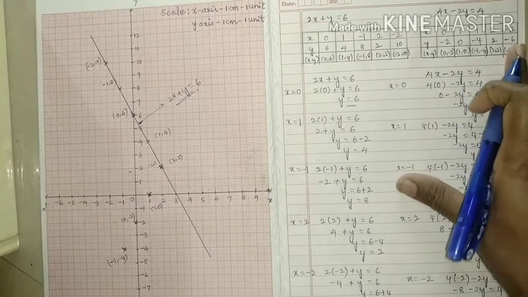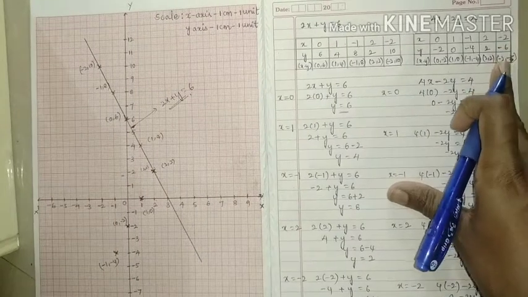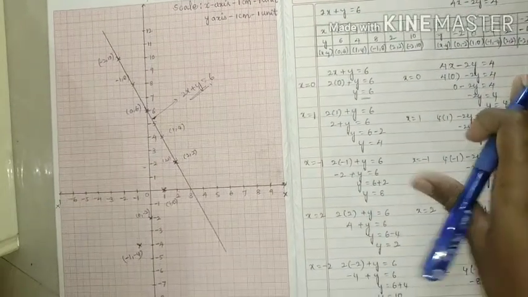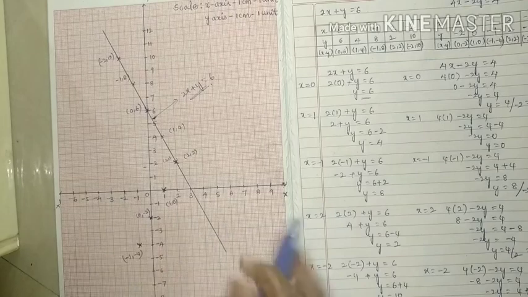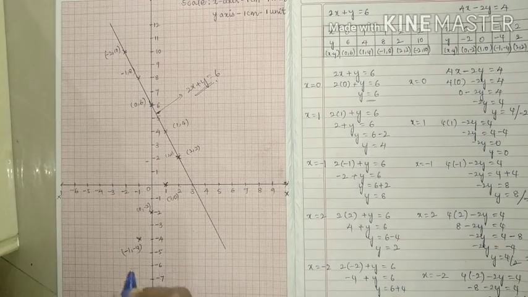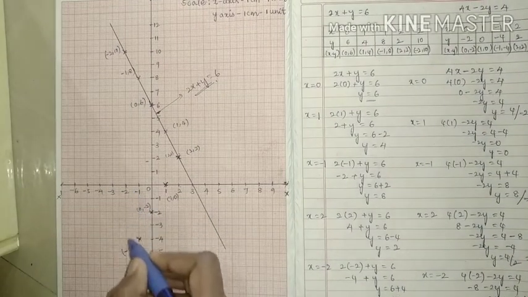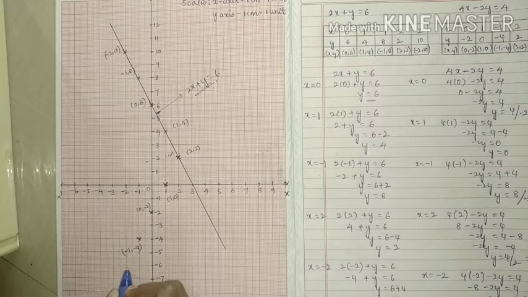So the next point is minus 2 comma minus 6, that is minus 2 is here and minus 6 on the y-axis we have to mark. This is minus 2 comma minus 6.